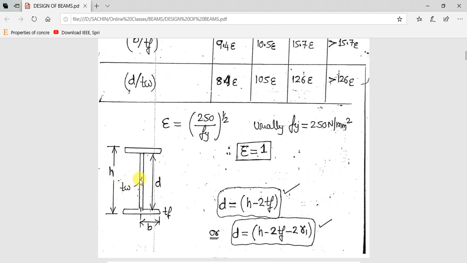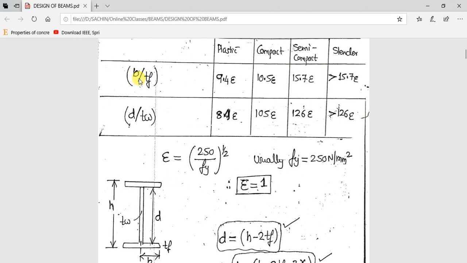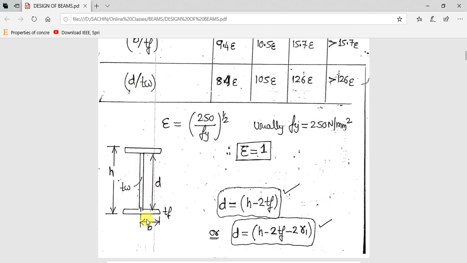This will be the thickness of the web, and this will be the thickness of the flange, and this value b is measured from this center till this end. It's nothing but half of the width of the flange. Now d is measured from this particular point till here. So d will be equal to h minus the thickness of flange on this side and on that side. So d will be equal to h minus 2 times the thickness of the flanges.